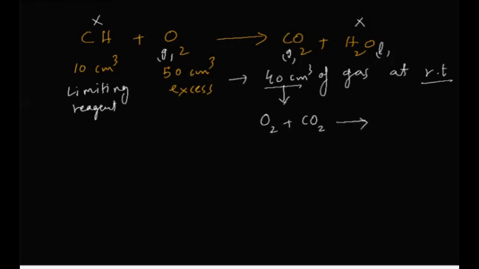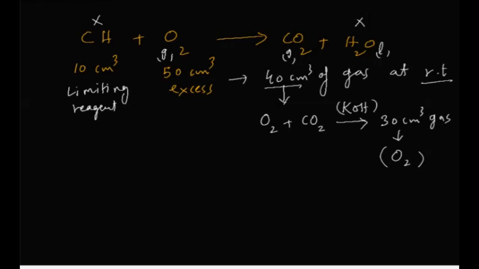Now, if I pass the 40 cm³ of this gaseous mixture, which contains oxygen and carbon dioxide, through potassium hydroxide. Now, potassium hydroxide is a base, carbon dioxide is an acidic gas, oxygen is a neutral gas. And if I say that 30 cm³ of the gas is still there, this 30 cm³ of gas is oxygen. Why oxygen? Because hydrocarbon was the limiting reagent, so no hydrocarbon will be left over in this gaseous mixture.